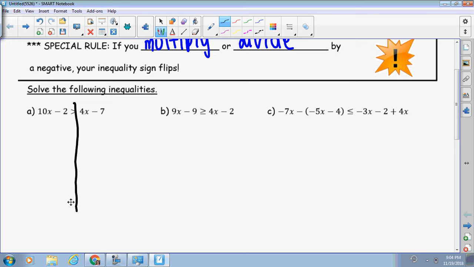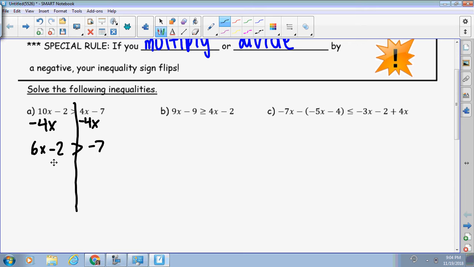I'm going to draw my line. I want all my x's on the left. So how do I move positive 4x? I'm going to subtract it from 10x. So I get 6x minus 2 is greater than negative 7.